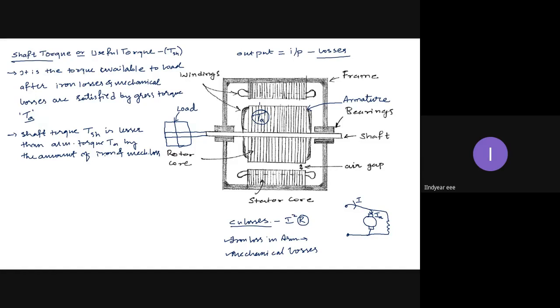Iron losses, we know, are hysteresis loss and eddy current loss, which are occurring in the system due to the flux density and frequency. But what are mechanical losses? Okay. So mechanical losses are friction and windage loss. We look into once again, mechanical losses are friction and windage loss.